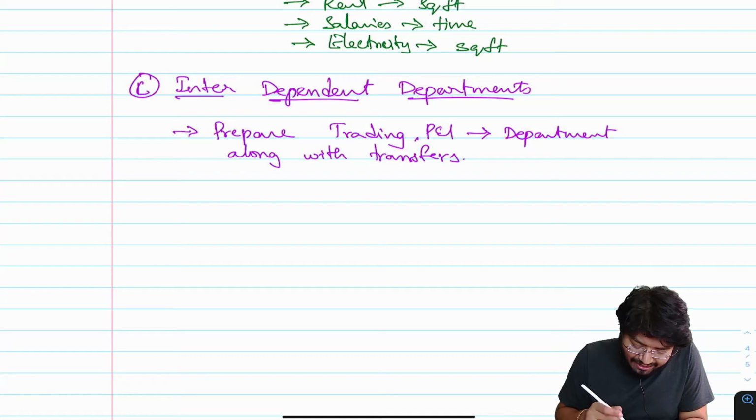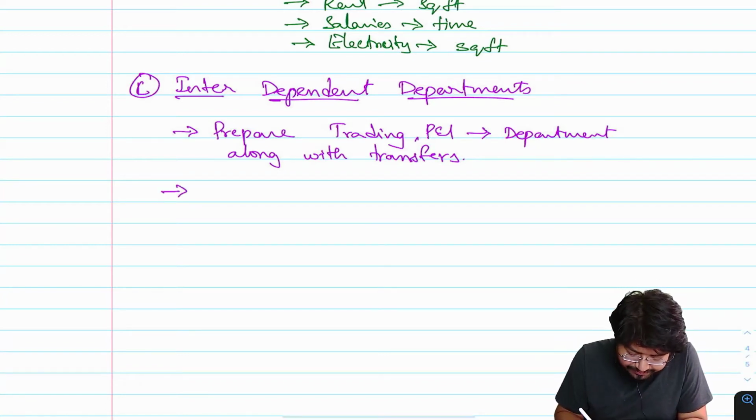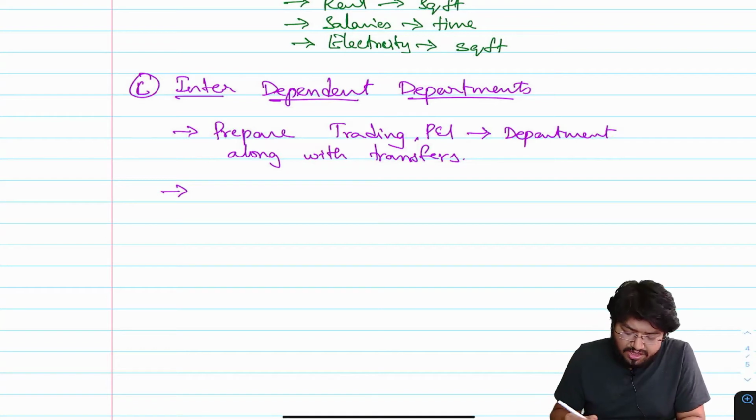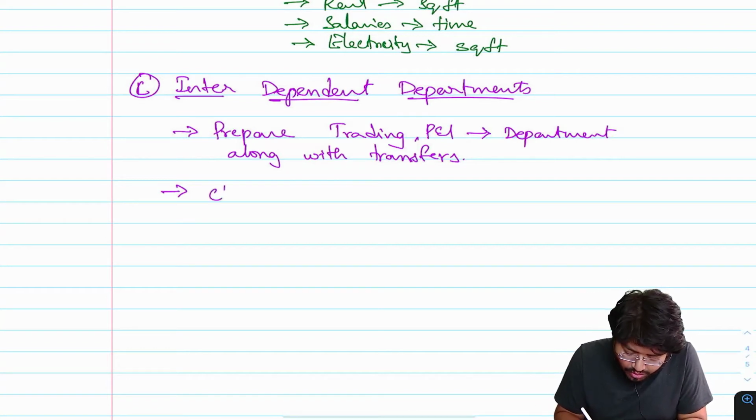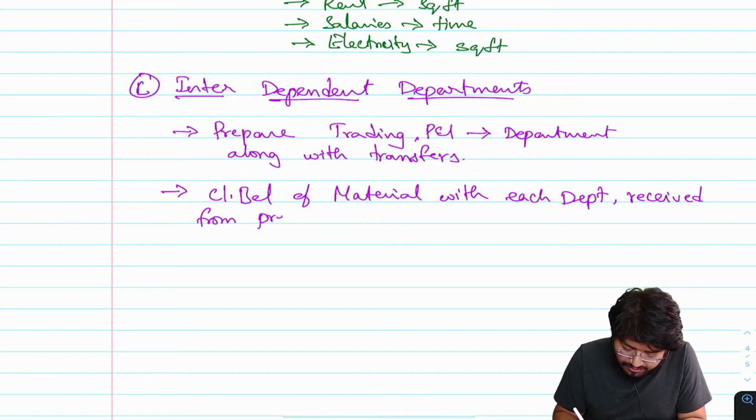Okay, and once the departmental transfers are done, at the end of the period, you are supposed to see the closing balance of material with each department received from the previous department.